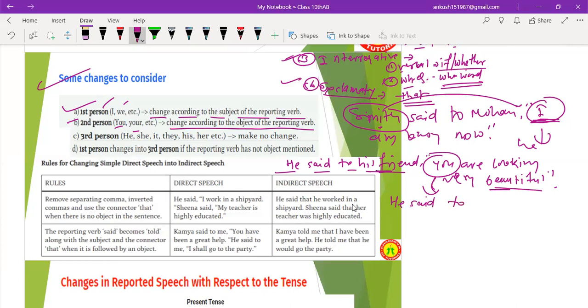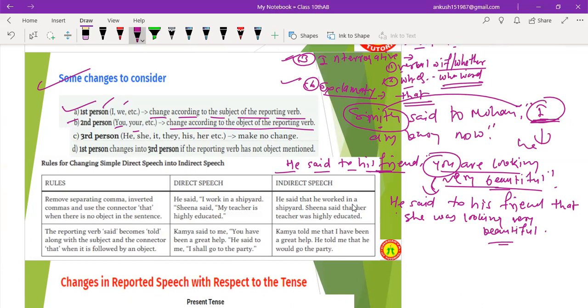He said to his friend. Now which connector would be used here, as this statement is given in assertive? The connector that is used. He said to his friend that she was looking very beautiful. Have you got the point, beta? Yes, sir.